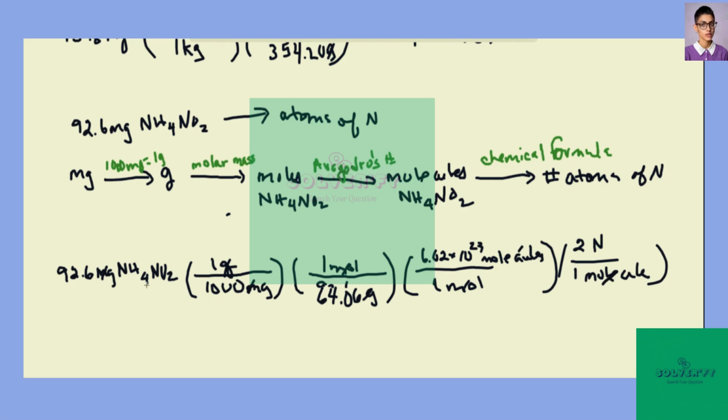So by multiplying 92.6 times 6.02 times 10 to the 23rd times 2, and then dividing by 1,000 times 64.06, we see that there are 1.74 times 10 to the 21st atoms of nitrogen.